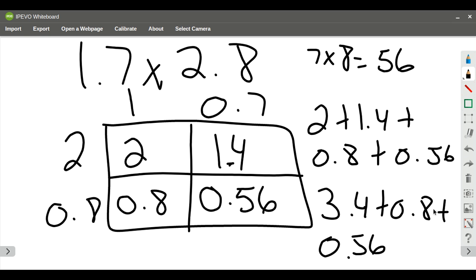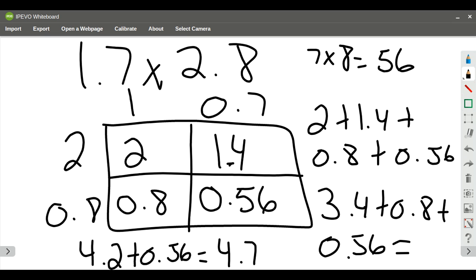Well, 4 added to 8 is going to be 12. So now I have 4 and 2/10 added to 56/100, which is going to be 4 and 76/100.